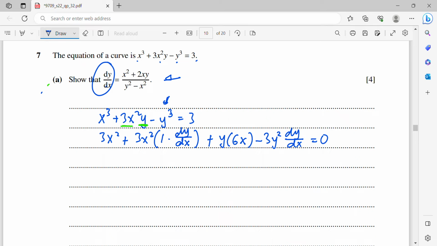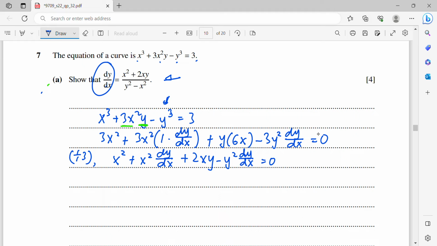Now, to get dy dx, group the dy dx first. But first of all, you can divide the whole equation by 3, right? So here becomes x squared plus x squared dy dx plus 2xy minus y squared dy dx equals 0.